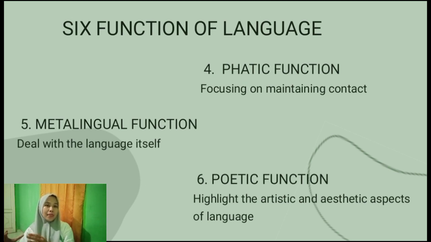Rude is such a bad habit or bad thing that many people hate. Here we use the metalingual function to explain the word rude with another word or phrase to ensure that the sender and the receiver have the same understanding of the word rude.